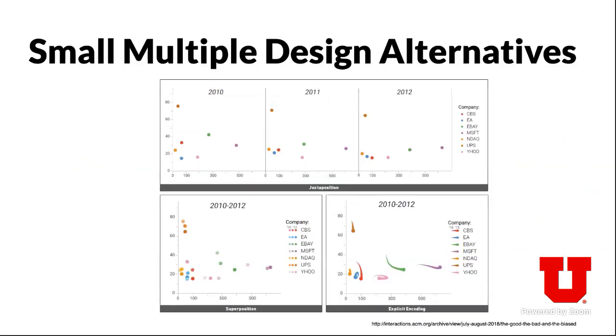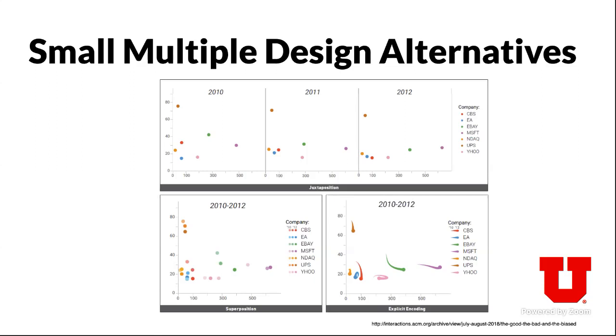And so here's another kind of design alternative. If we look at a time series of scatter plots, it's really tricky to track these plots over time. So juxtaposition is often great, but not always. Instead, there are two alternatives here. We could show those two charts on top of each other with slightly different saturation or lightness.